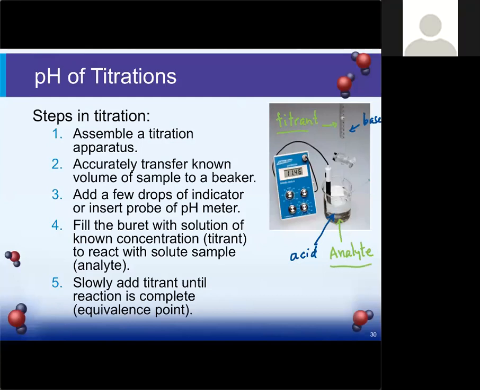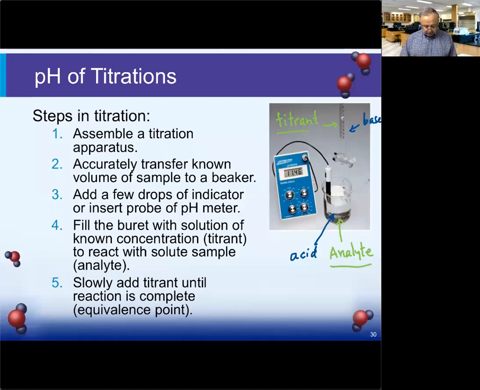So the titration can be a base with an acid or an acid with a base. In general, we don't use the terms acid or base, but we use the terms titrant, the substance or solution that we're adding, and analyte, the solution that we are analyzing for. This requires measurement of volume from the burette and measurement of pH.